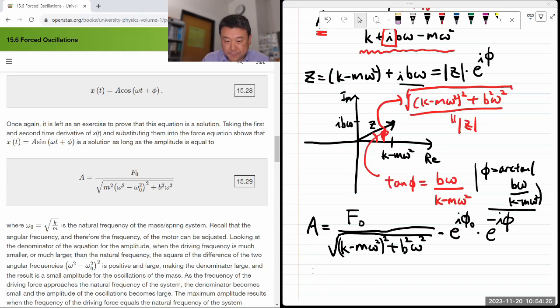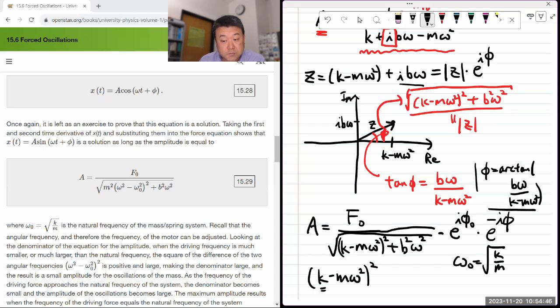If you have k minus m omega squared, this is where you should think through how k relates to the natural frequency of oscillation. We have this formula for the natural frequency: omega naught is the square root of k over m for a mass on a spring.